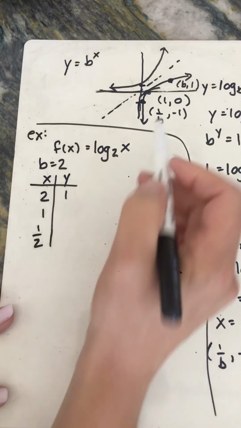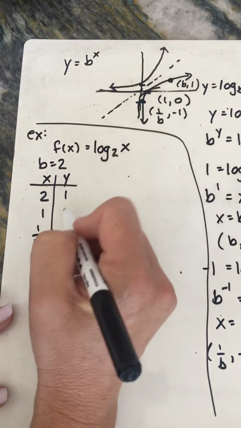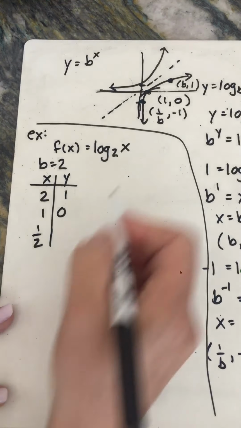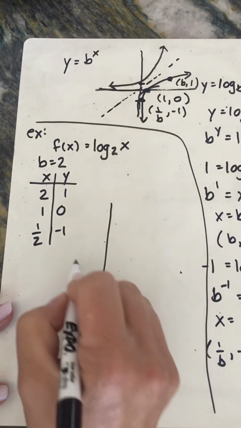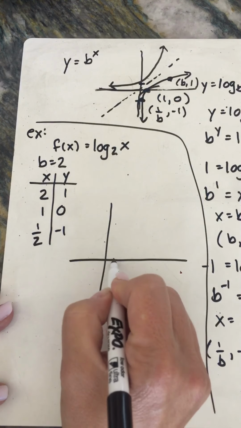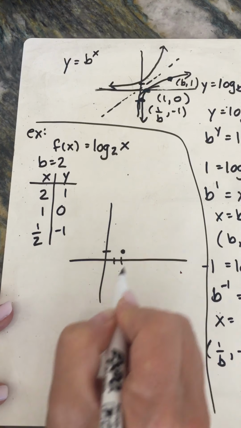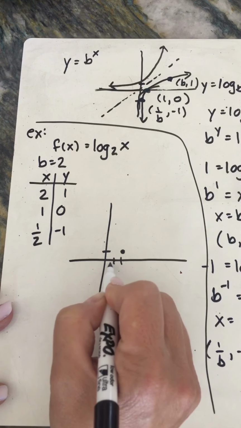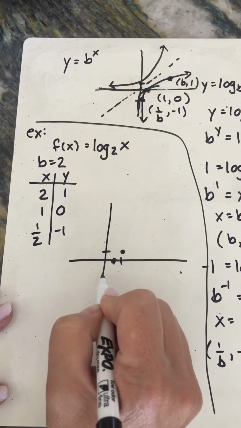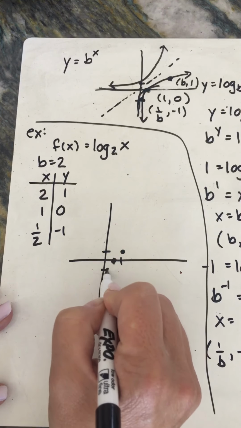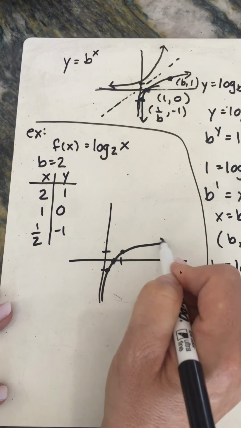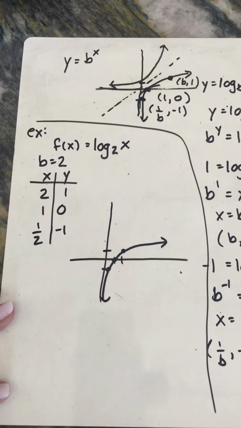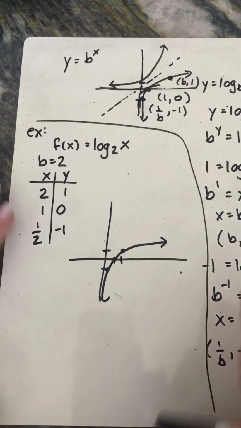When x is 1, that means we're at 1, 0. And when x is a half, we're at -1. So to graph this guy, over 2, up 1, over 1, up 0, and over a half, down 1. So it'll look like that. Not too bad, I don't think.